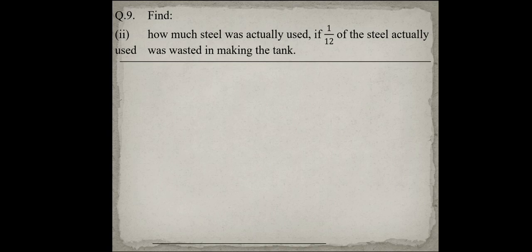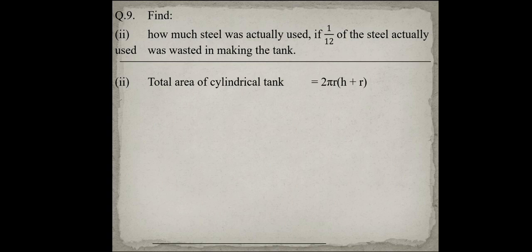Now in the second part, we need to find out how much steel was actually used if 1 by 12 of the steel actually used was wasted in making the tank. So suppose the total steel we are using, in which 1 by 12 is wasted. So the total area of the cylindrical tank is equal to 2 pi r into h plus r.